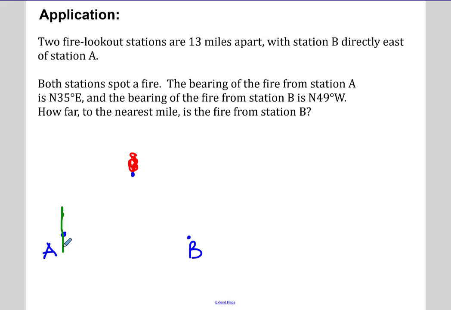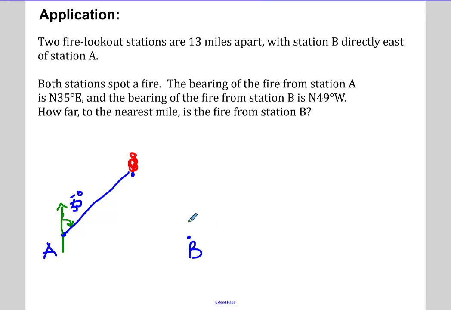So if this is your north line, then it's this measurement that's 35 degrees out here. And for B, the bearing is north 49 degrees towards the west.